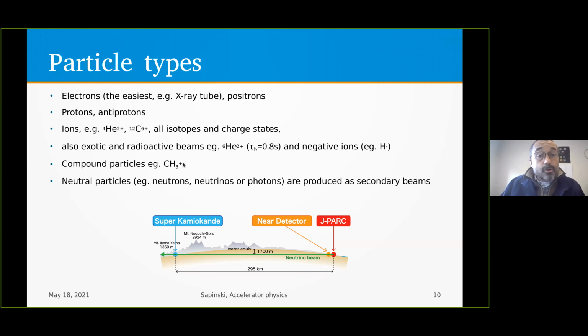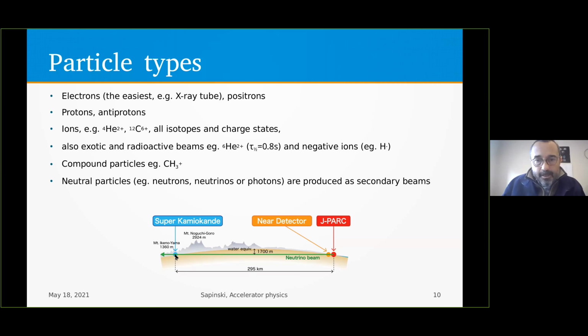And at the end, we also have beams of neutral particles. Those beams can only be produced as secondary beams. Neutral particles, we have no real way to control them. So we can produce those beams, they go somewhere, and that's it. And one of the most interesting are beams of neutrinos. Here you see a beam which, from the source to the detector, is almost 300 kilometers long.